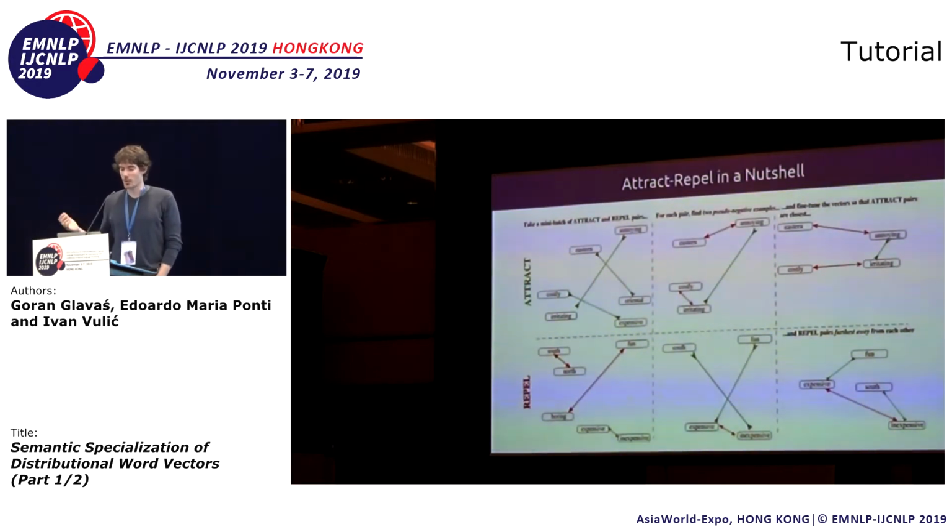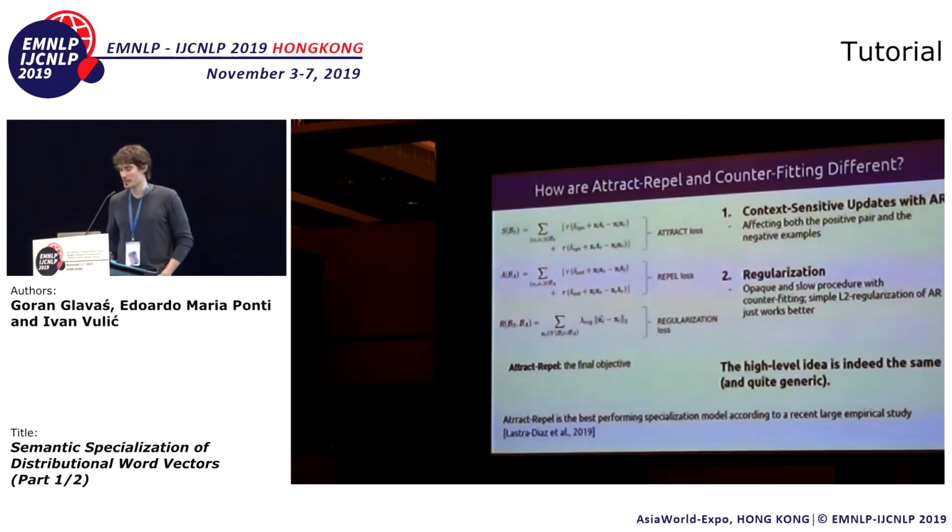This is the illustration of the whole thing: the attract objective, the repel objective, and the regularization objective. So that's the main idea. You can see that it's quite similar to counter-fitting, and the high-level idea is pretty much exactly the same. It's just that the differences in regularization and in the way you do the updates for the attract and repel terms are quite different, and it actually leads to differences in results between the two methods.